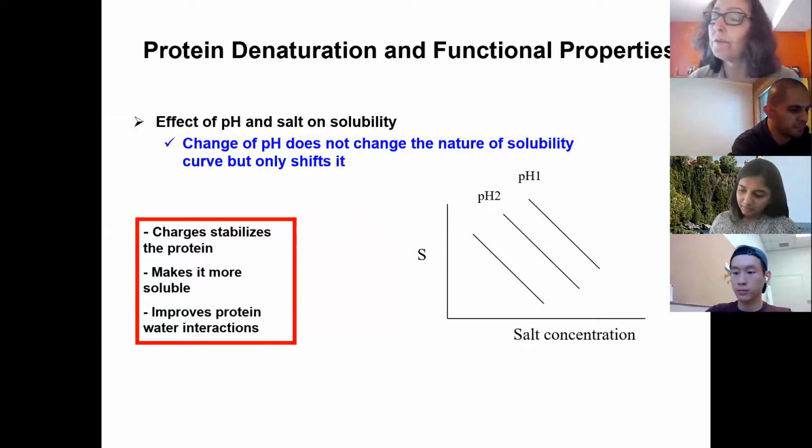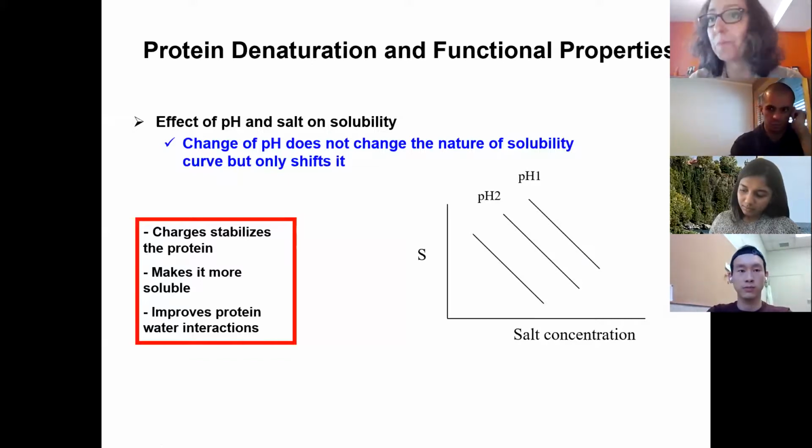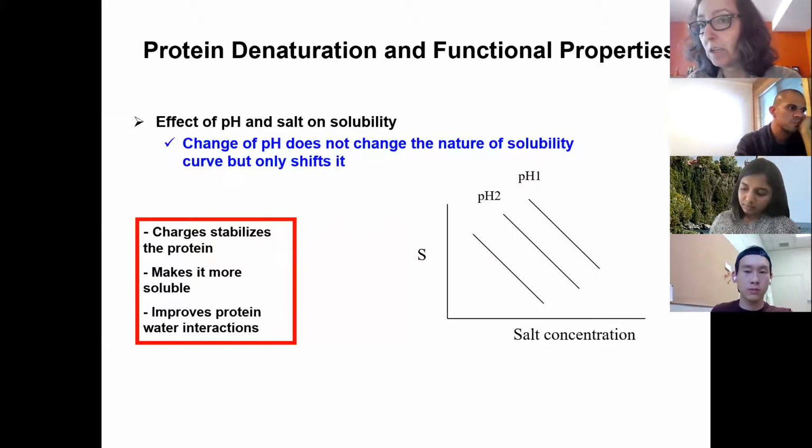There is a lot of literature out there that shows either enhancement in digestibility or reduction in digestibility. And it has to do with the degree of glycation and also the type of carbohydrate. Because if we enhance protein-protein interaction upon glycation, then we reduce digestibility.